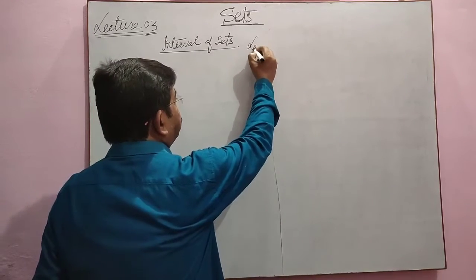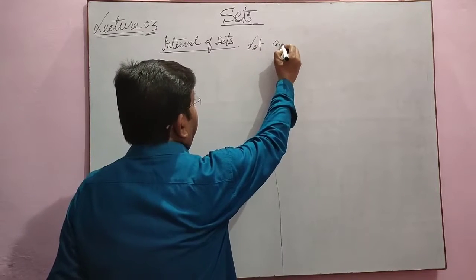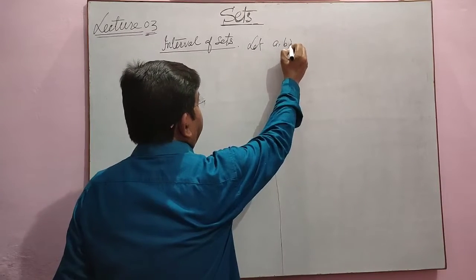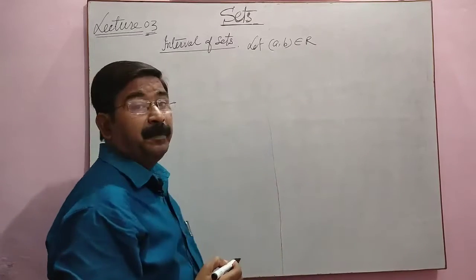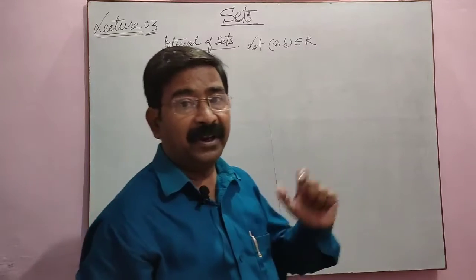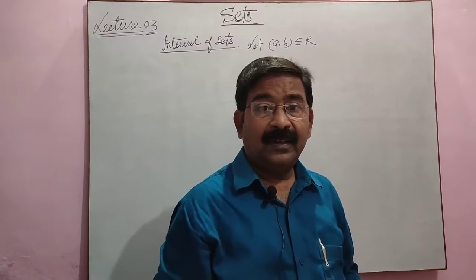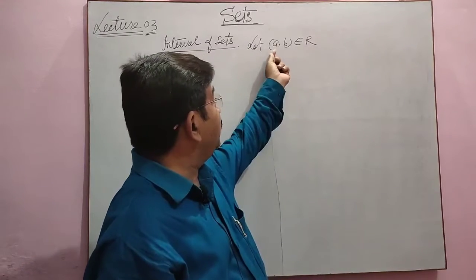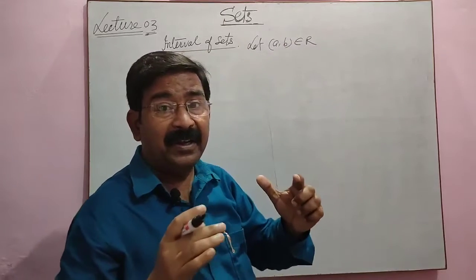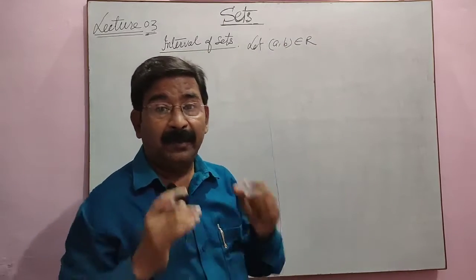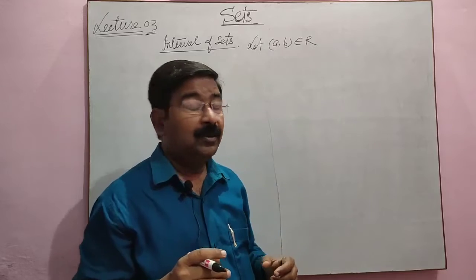Let A, B belong to R, meaning A and B are some real numbers. It means between A and B, many real numbers are included. Many real numbers are found.